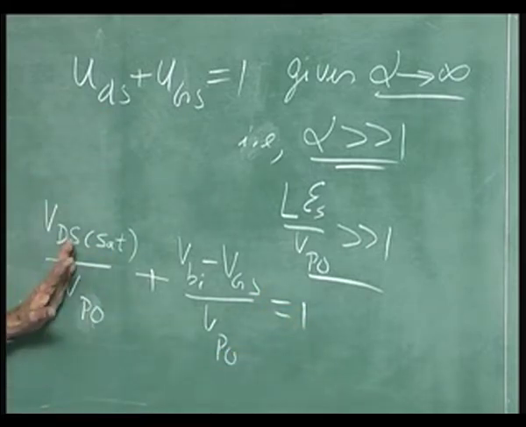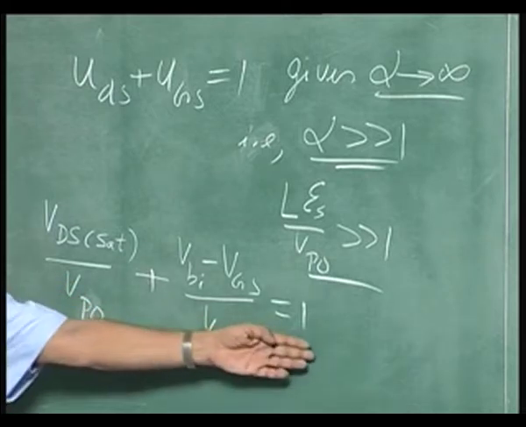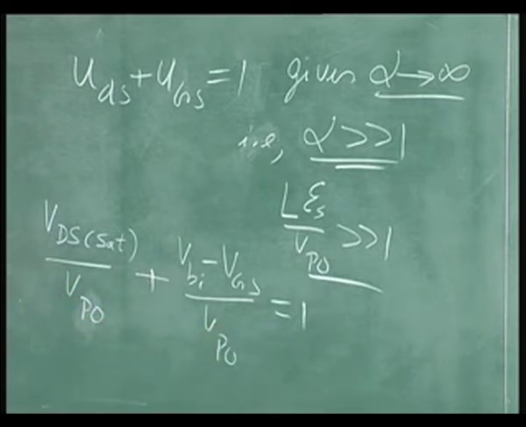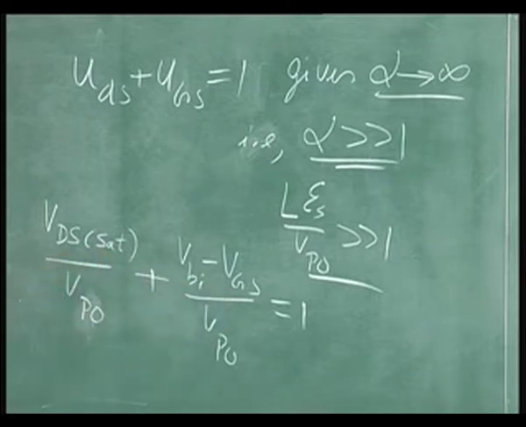What is this condition? Take this VP 0 to the other side: VBI minus VGS plus VD sat is equal to VP 0. Okay, this is what you should recognize.